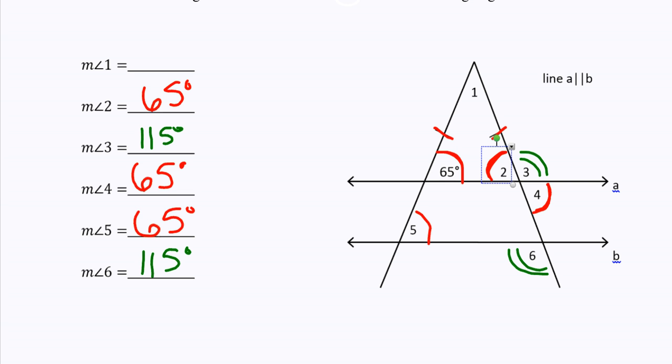The last angle we need to talk about is actually the first angle on my list, which is angle number 1. Okay, and we're going to get to a theorem in just a second that says that in a triangle, any triangle at all, the 3 angles add up to 180 degrees. That's something you might remember. So if I've got these 2 angles down here are 65 degrees each, together they make 130 degrees, and so that leaves me 50 degrees out of my 180 for angle 1.